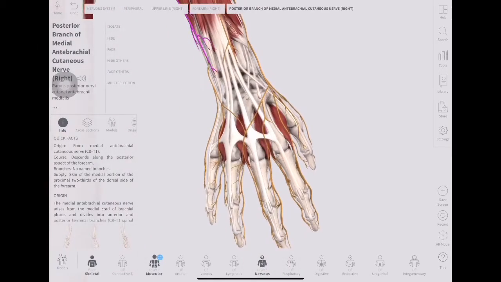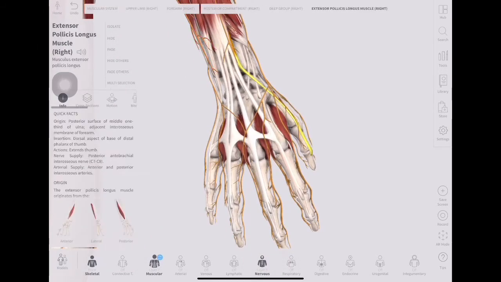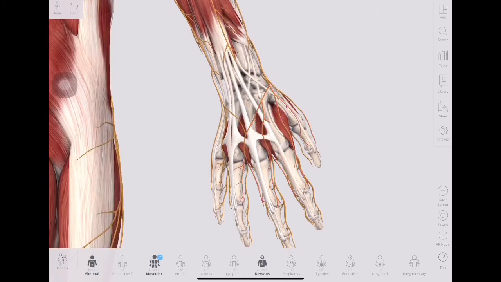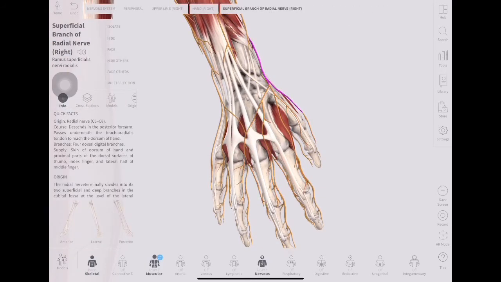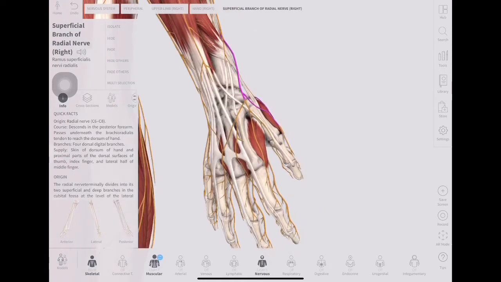Going back to the hand's dorsum, let's identify the dorsal digital nerves of the radial nerve, the superficial branch of the radial nerve, as well as the dorsal digital nerves of the ulnar nerve.